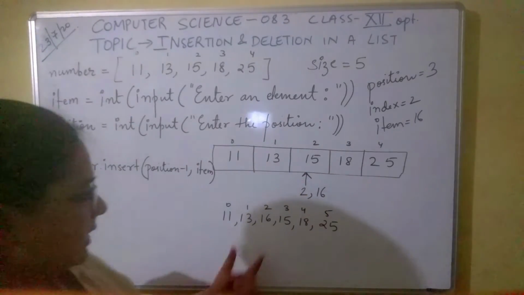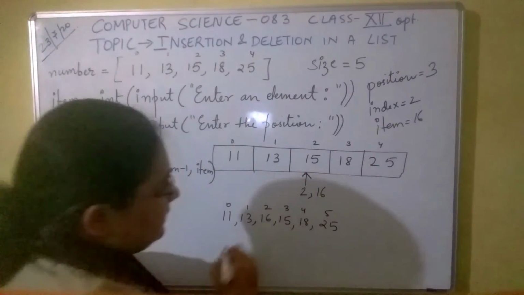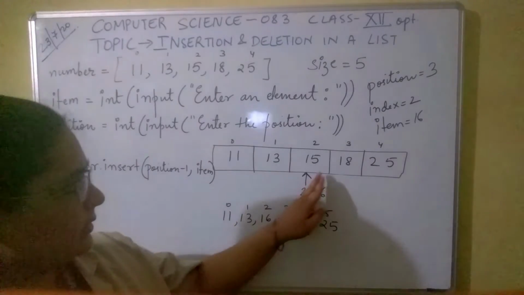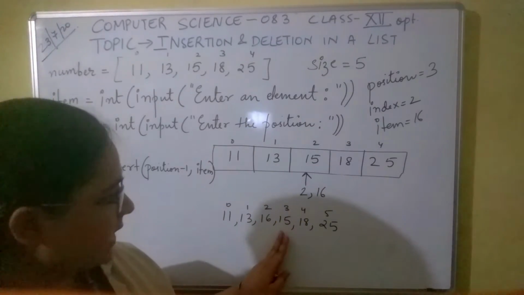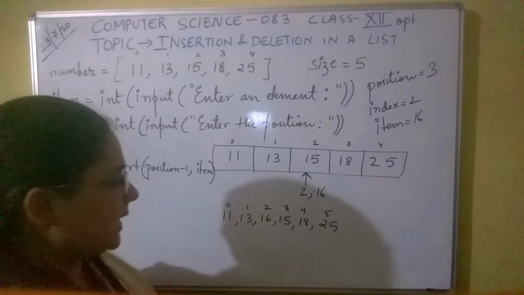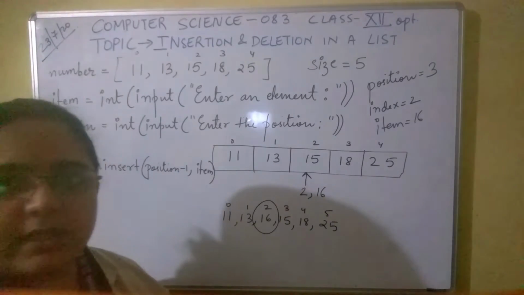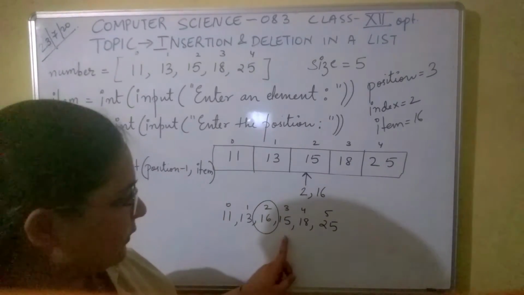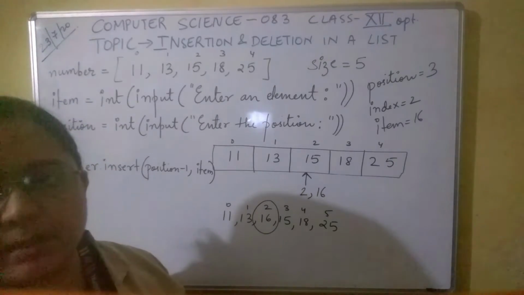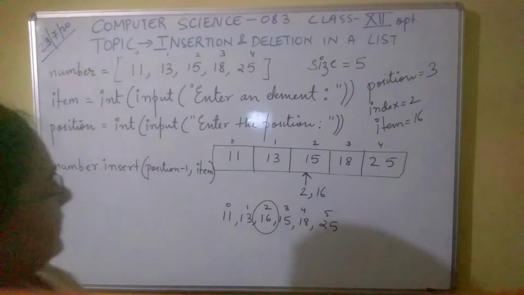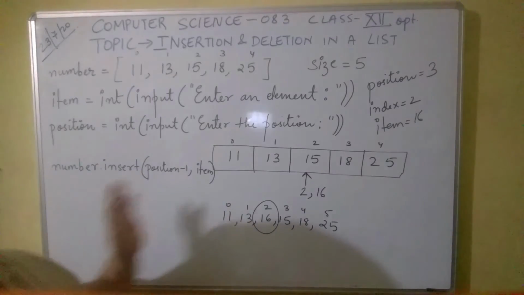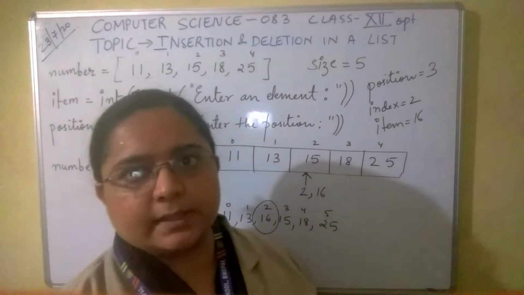You can see that the earlier third position, which was held by 15, has now been taken up by 16, which is the new value, and now 15 becomes the fourth element in the list. So it is a very straightforward method of insertion in a linear list.